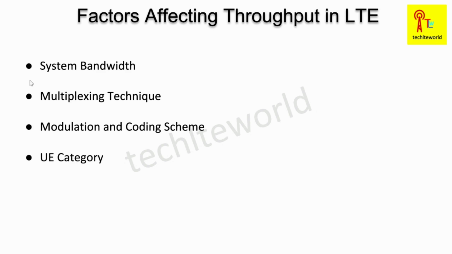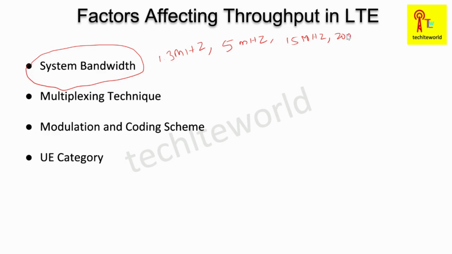First is the system bandwidth. As we know, LTE consists of flexible bandwidths. It supports certain bandwidths which are flexible in nature, right? It supports 1.3 megahertz, 5 megahertz, 15 megahertz, and also 20 megahertz, right?